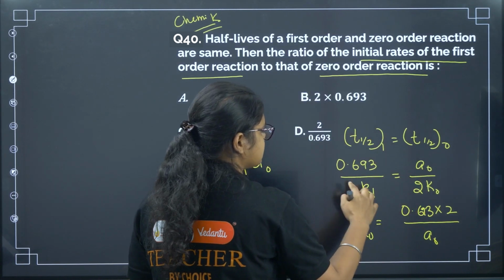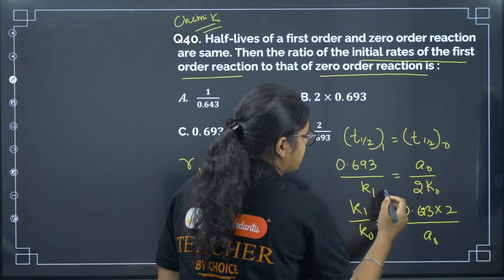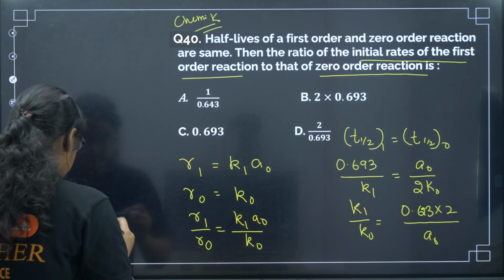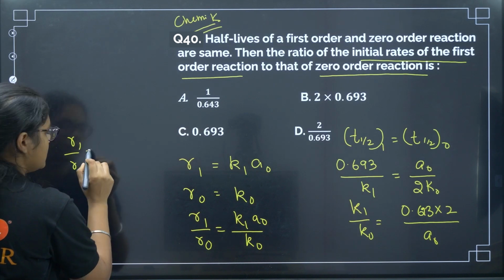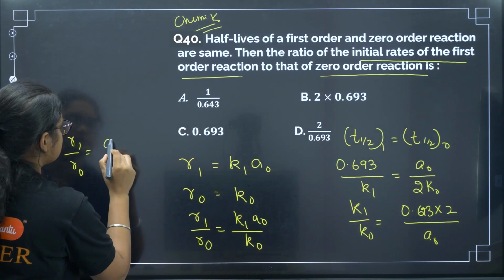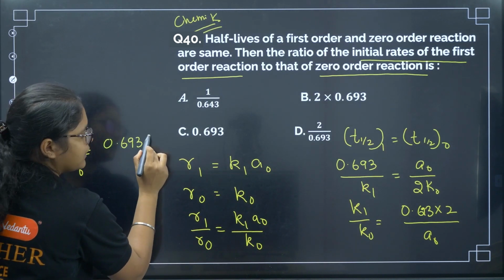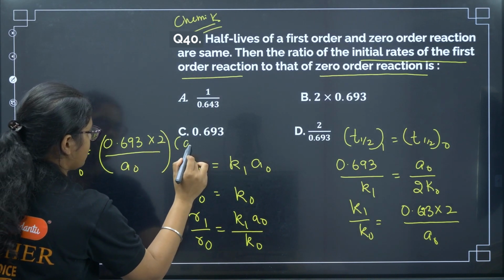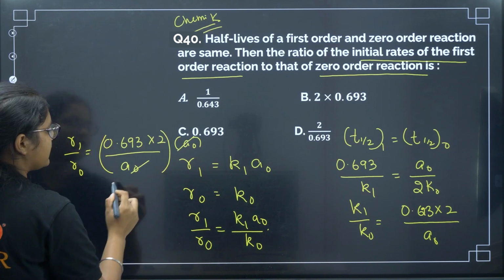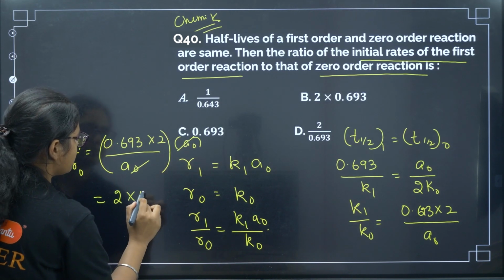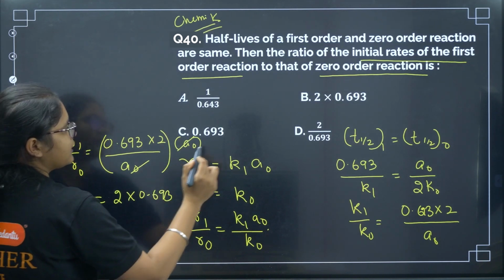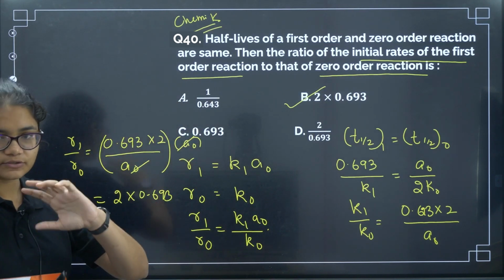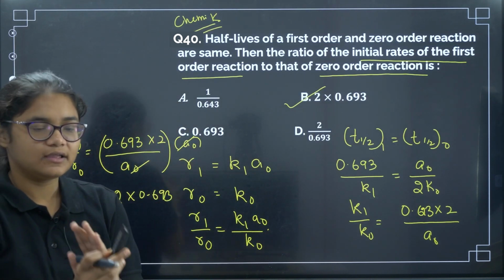Now we can substitute that value here. R1 by R0 is equal to K1 by K0, that is 0.693 into 2 by A naught, and we had this A naught already from before, so it will get cancelled, and I'll get 2 into 0.693. So the correct answer for this question will be option number B. This is an easy question. The only thing is you should know how to arrange and rearrange the equations.